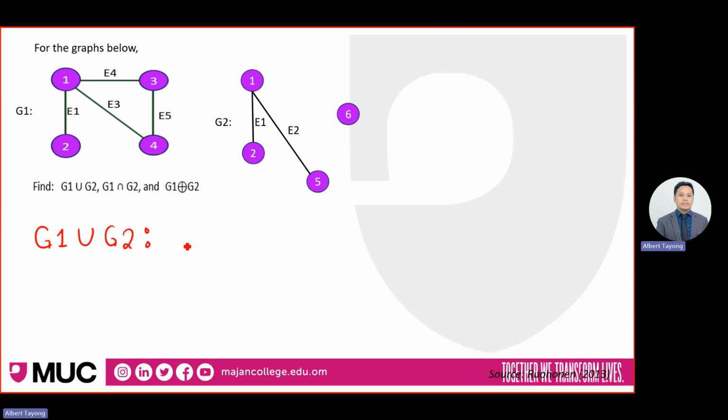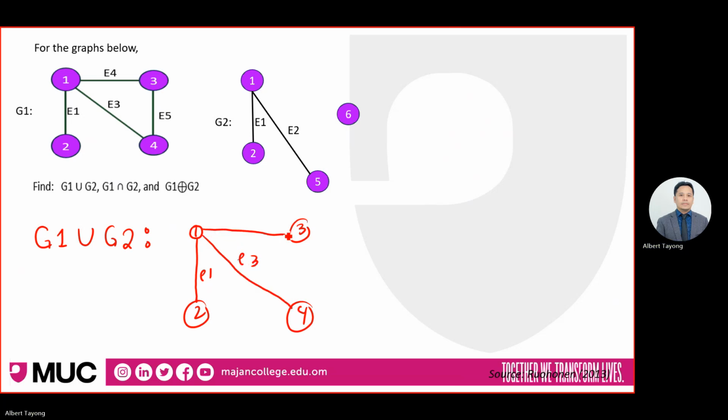Okay, so let's draw the first graph. 1, 2, 3, and 4. We have E1 here. We have E3. This is E4 and E5.